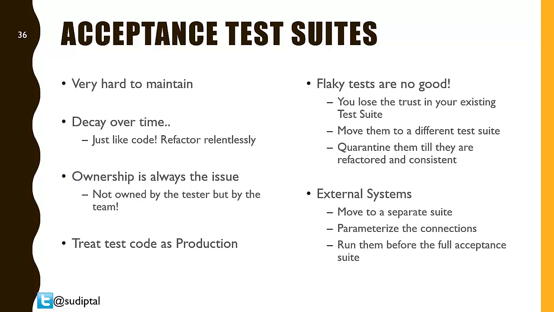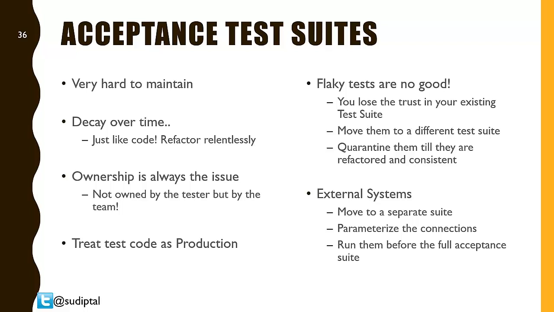So what you need to do is move them out into a separate repository and refactor them separately, so that at least you know that what you have is a clean repository and you can rely on it. If I have a failure from there, I know that something is broken and it's not good to move forward. So if you have flaky tests, take them out and move them into a separate repository.